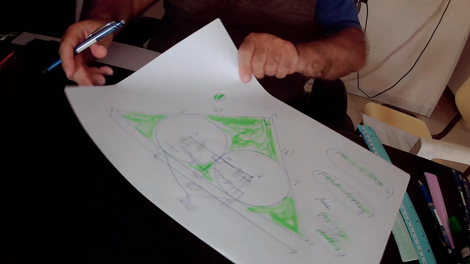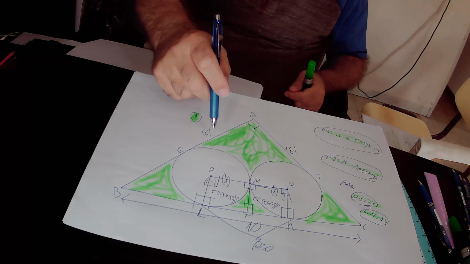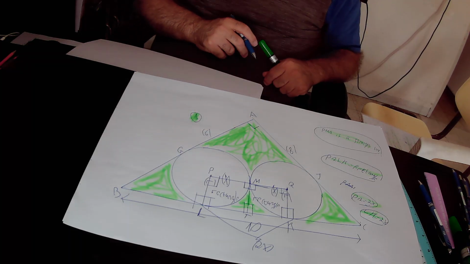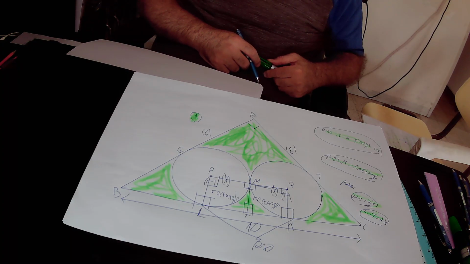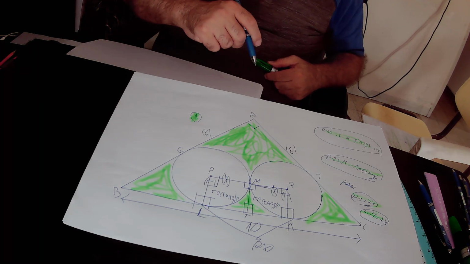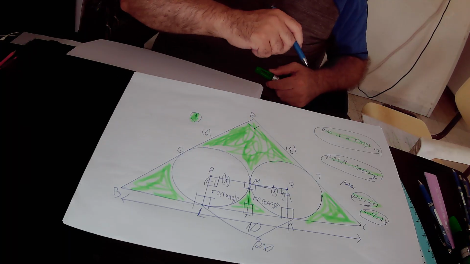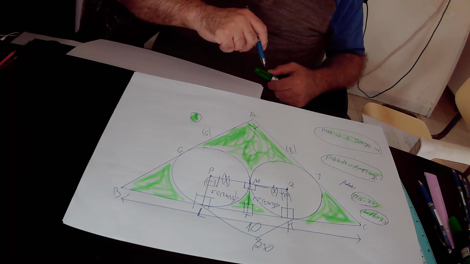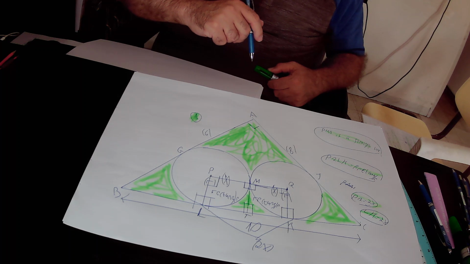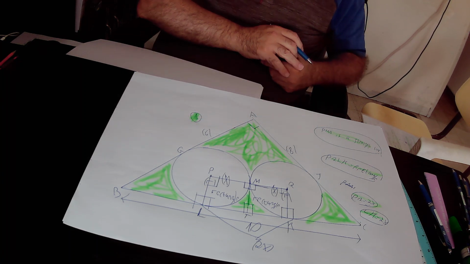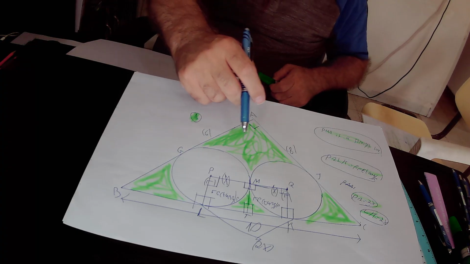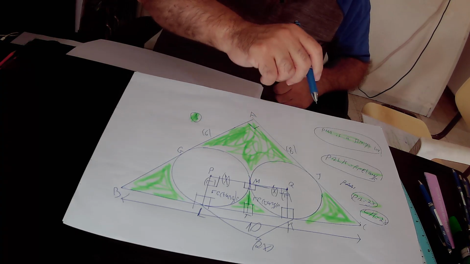In the next step, I'll copy this big rectangle PQKL into a new drawing, and in the new drawing, we'll construct the height h to the base BC of triangle ABC. So first of all, I'm copying this rectangle PQKL into a new drawing.